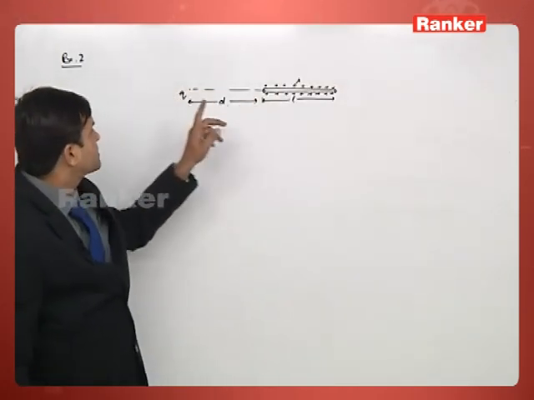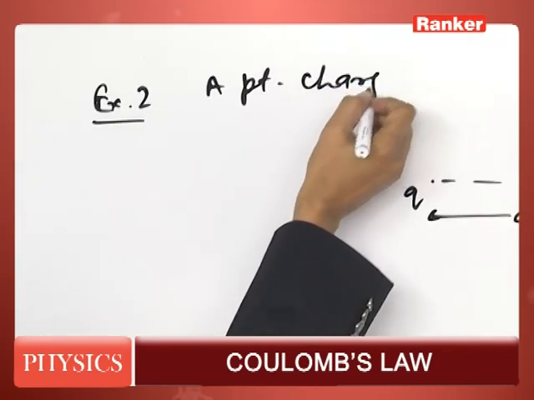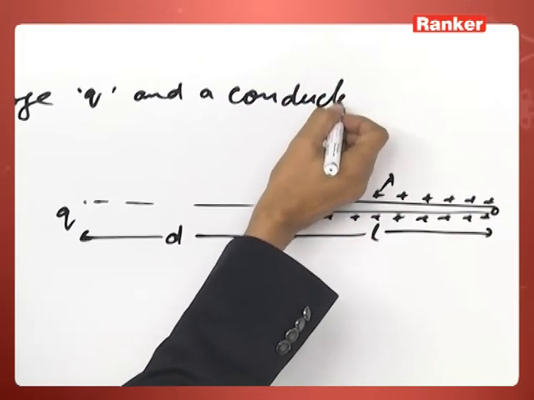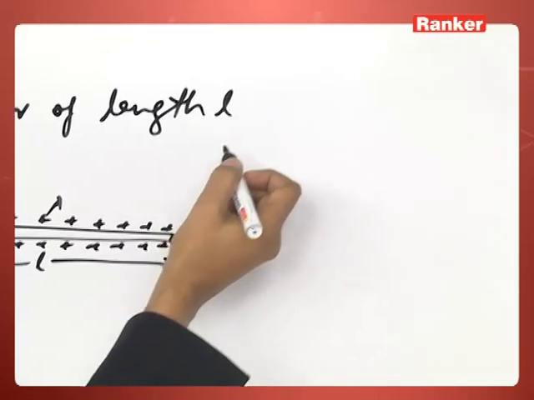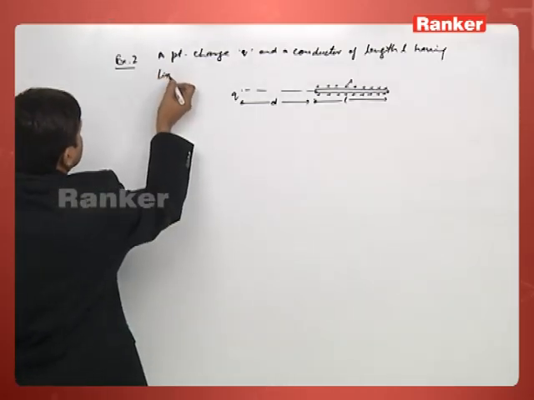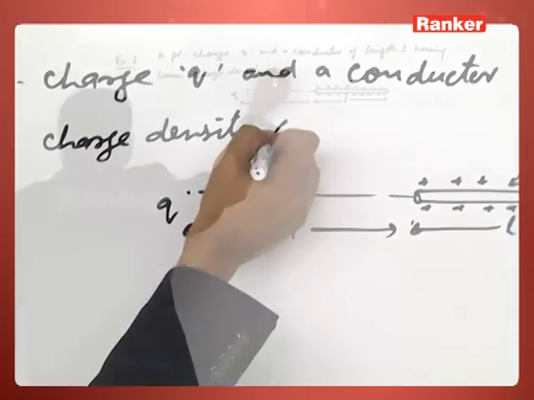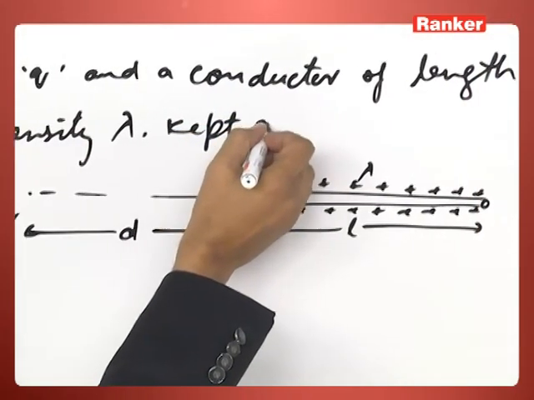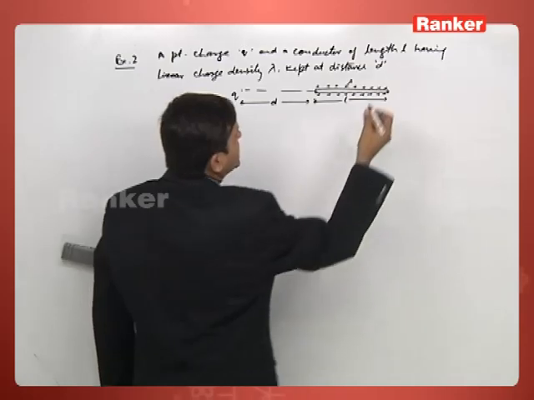According to the question, a point charge q and a conductor of length L having linear charge density lambda are kept at a distance d, as shown in the diagram.